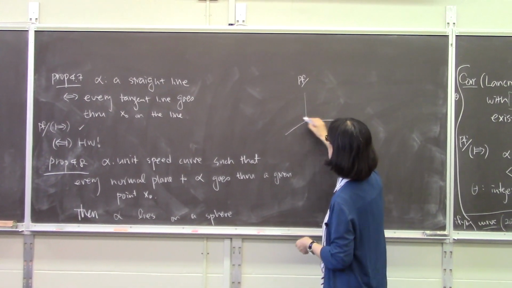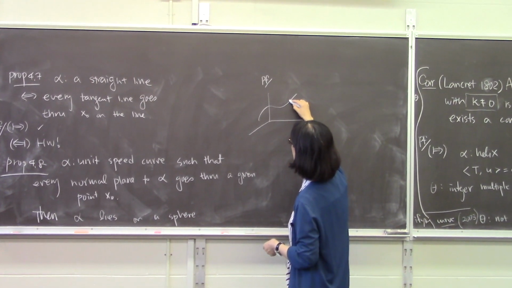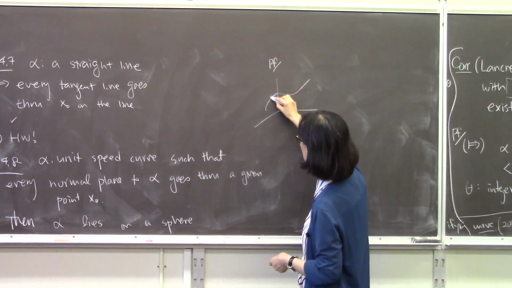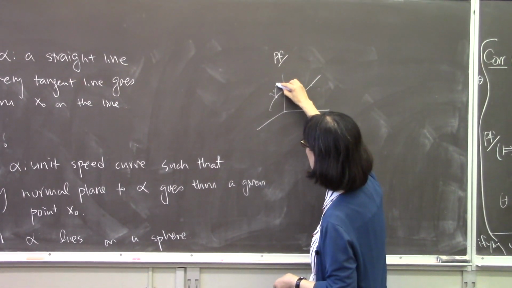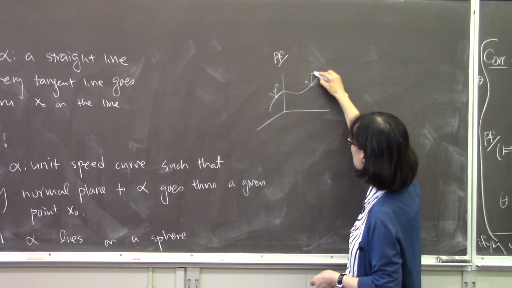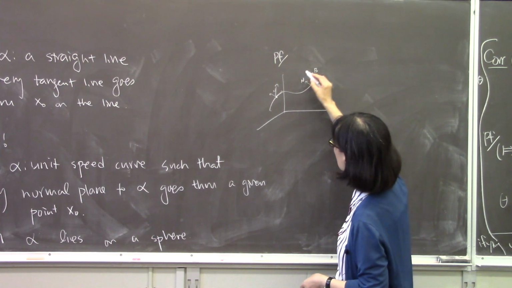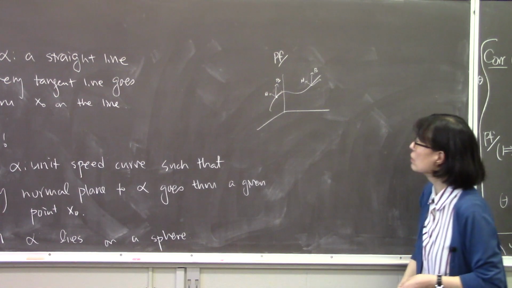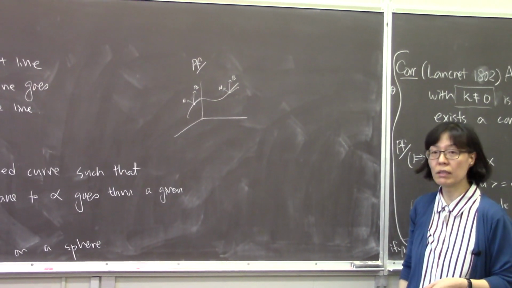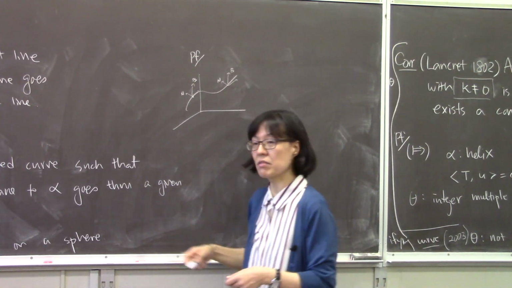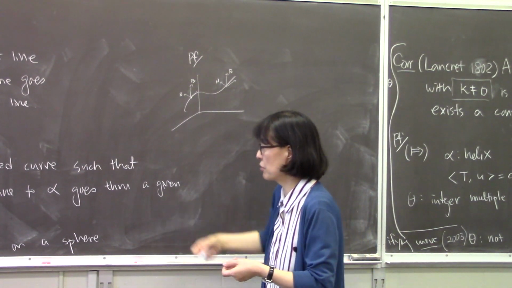So if you see the curve, then we compare the 2 points. So here's tangent and normal and binormal. Tangent, normal and binormal. And this is N, this is B, okay? Then the assumption is that alpha is a special curve satisfying this condition.